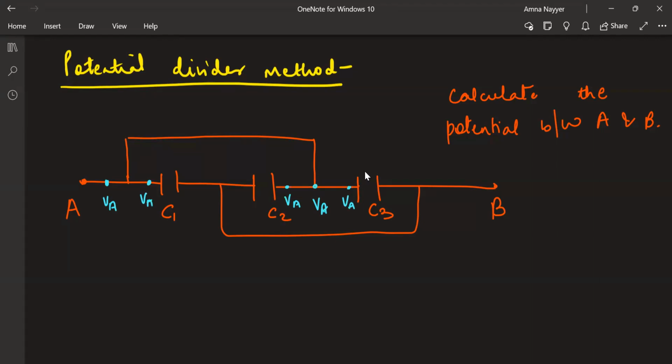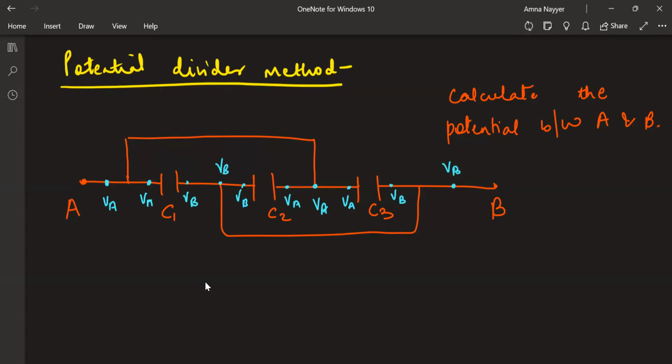Agree? Yes, ma'am. Now let's see, this is B point. So here there is a potential VB. So here also the potential will be VB. Across this wire also here the potential will be VB. Means here the potential will be VB and here the potential will be VB, right?